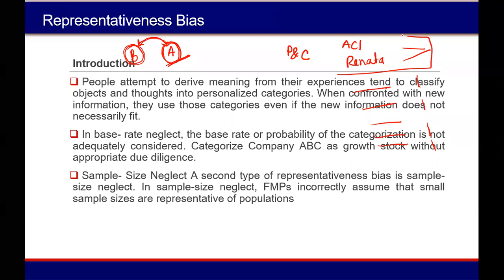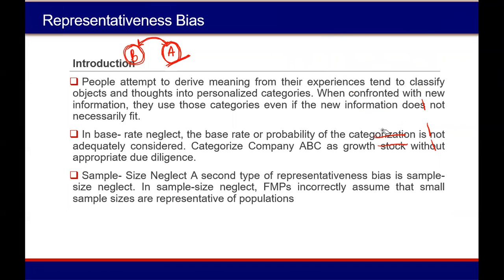So based on this ACI and Renata performance, you have concluded that the pharmaceutical and chemical sector is outperforming in recent days. Is your sample representative of the universe of the pharmaceutical and chemical sector? You have selected only Renata and ACI. In that case, will your conclusion be appropriate? No, sir. Your conclusion will not be appropriate.